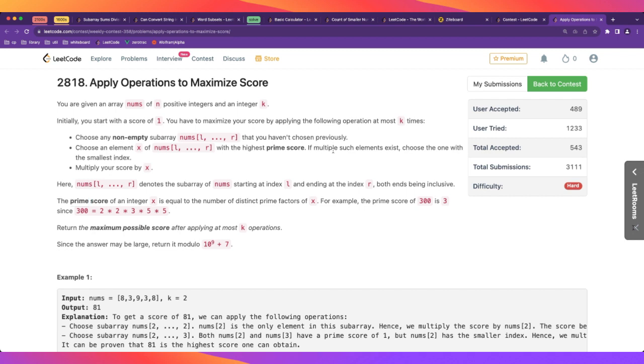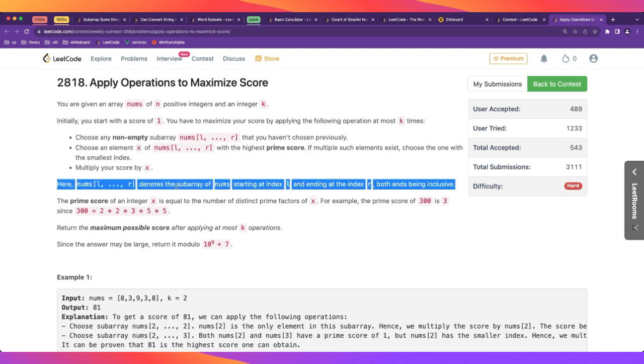So let's see what it says. If there are multiple, there's a rule to break ties, the smallest index, and then you multiply the score by x. And here they define what a subarray is, which we already know because it's very common here in LeetCode.